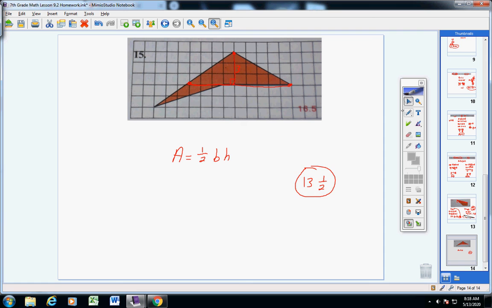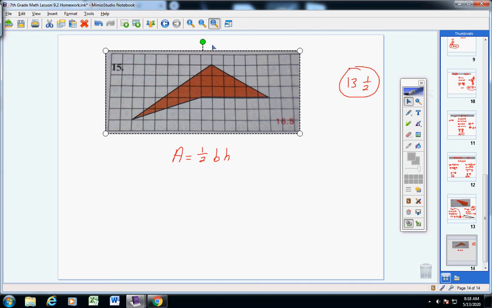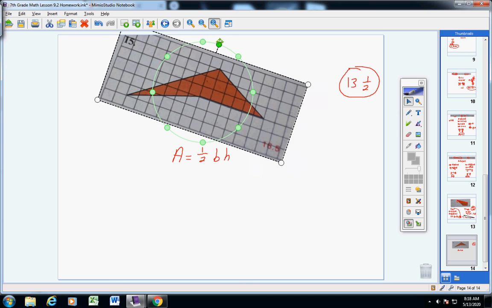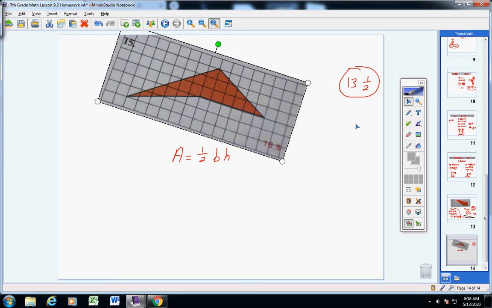Okay, we'll pull this up here. Now, okay, guys, again, you've got to take this triangle right here and turn it so that you have a base and a height, for example. For example, if I turn it like this, let's see, my triangle's right here.